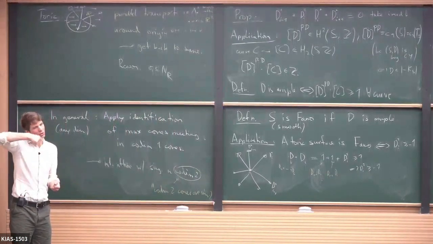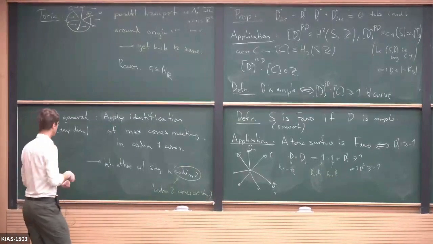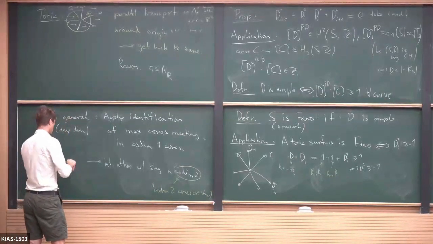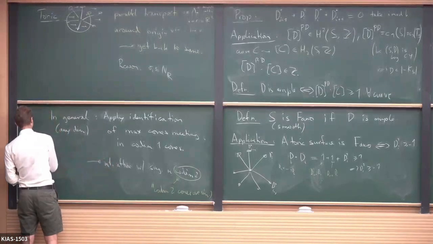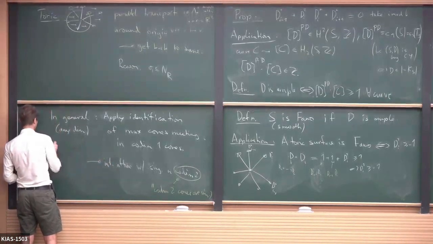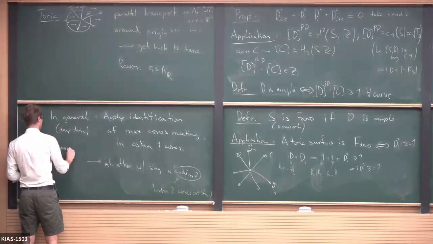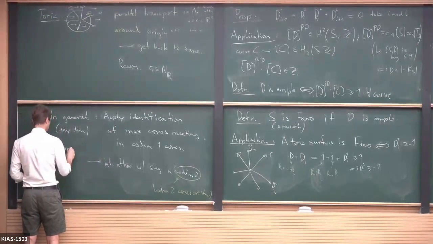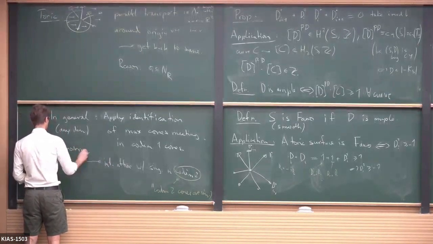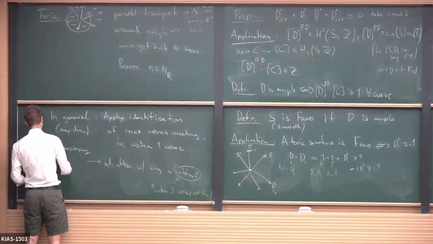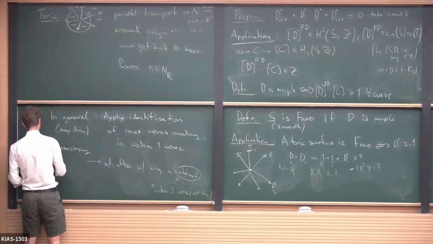And whenever you go around a codimension 2 cone, you get monodromy around codimension 2 cones.